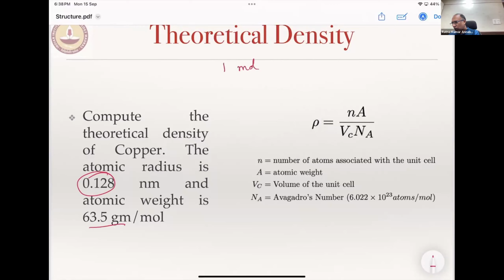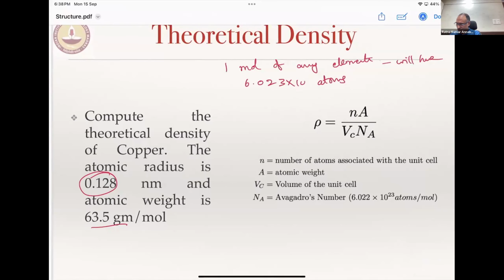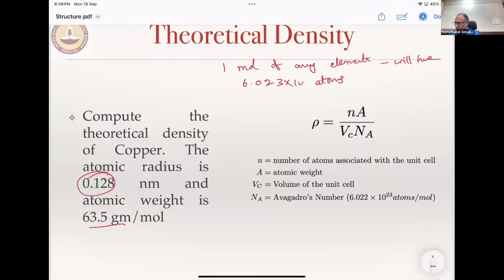1 mole of any substance, if the substance is an element, will have 6.023 into 10 power 23 atoms.